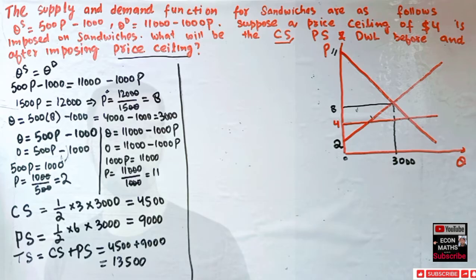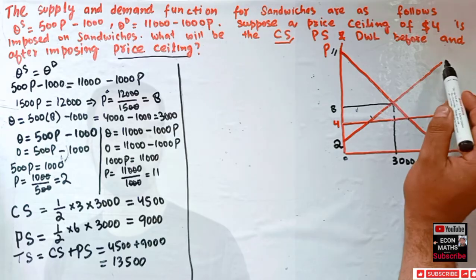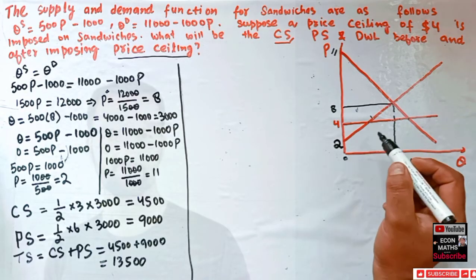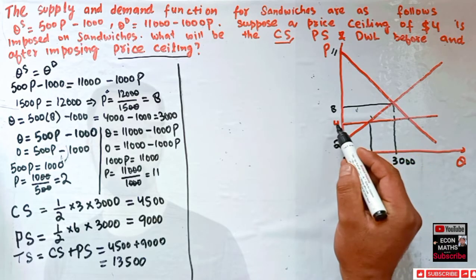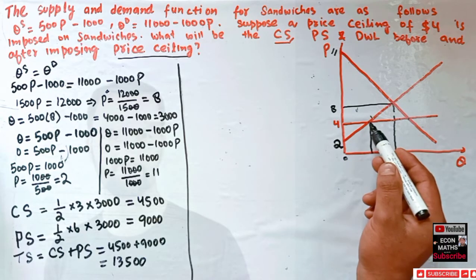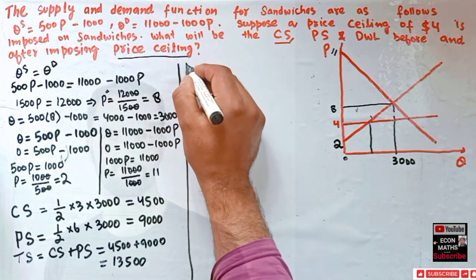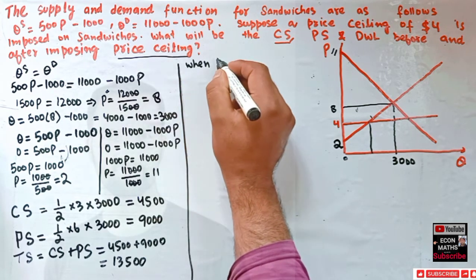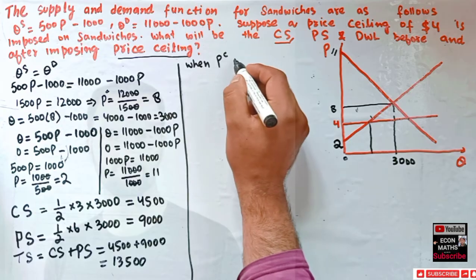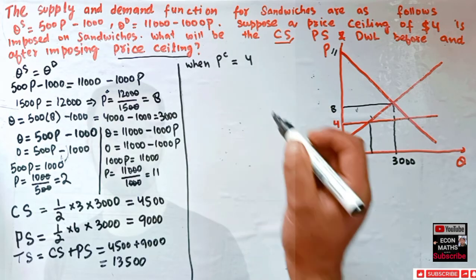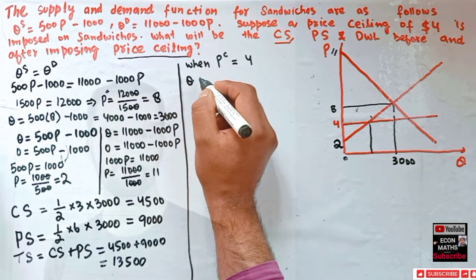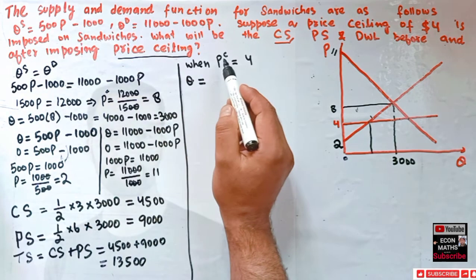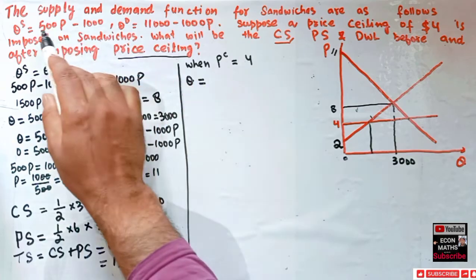How much quantity will be transacted in this case? We have this supply function and the price ceiling. What would be the quantity supplied when the price ceiling is 4? We just plug P equal to 4 into our quantity supplied function.